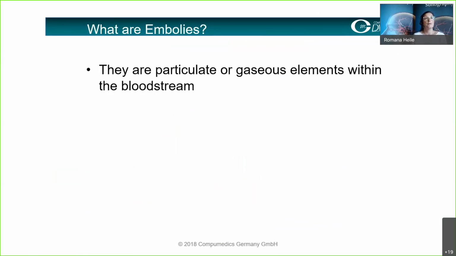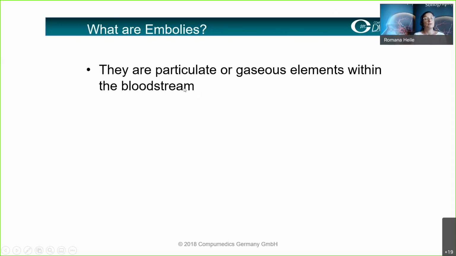So what exactly is an embolus? How will we describe the nature of an embolus? Well, an embolus is a particle. It can be gaseous, it can be solid, it can be heterogeneous tissue, but it has a higher reflection than the single surrounding blood cells, but it goes together with the blood cells in the bloodstream.